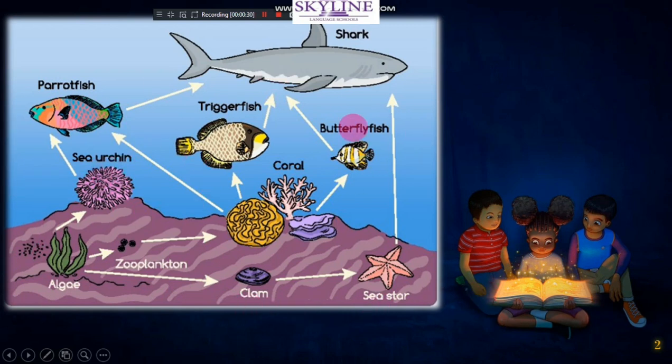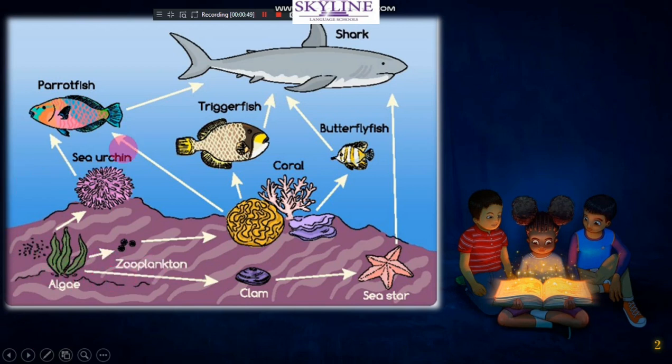All of these are marine living organisms. Where is the plant? Here, algae. So the producer in the ocean or marine environment is algae.